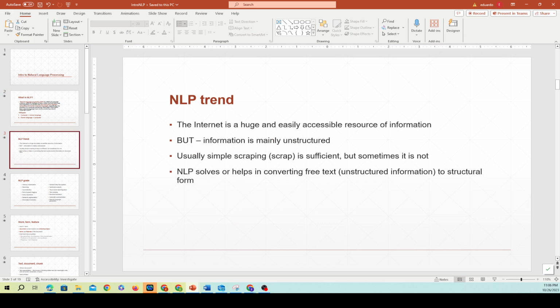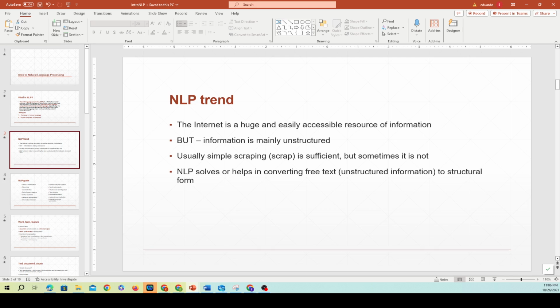A lot of the trends we have for natural language projects, like I said, ChatGPT, Alexa, Siri, exist because the internet is a huge and easily accessible resource of information. We have a ton of data collected every day. But the problem is that most of this data is unstructured.